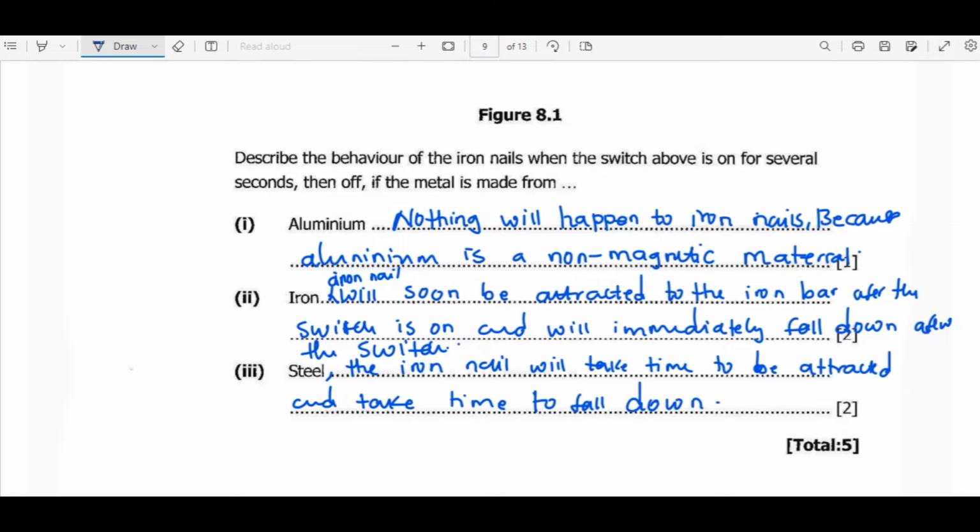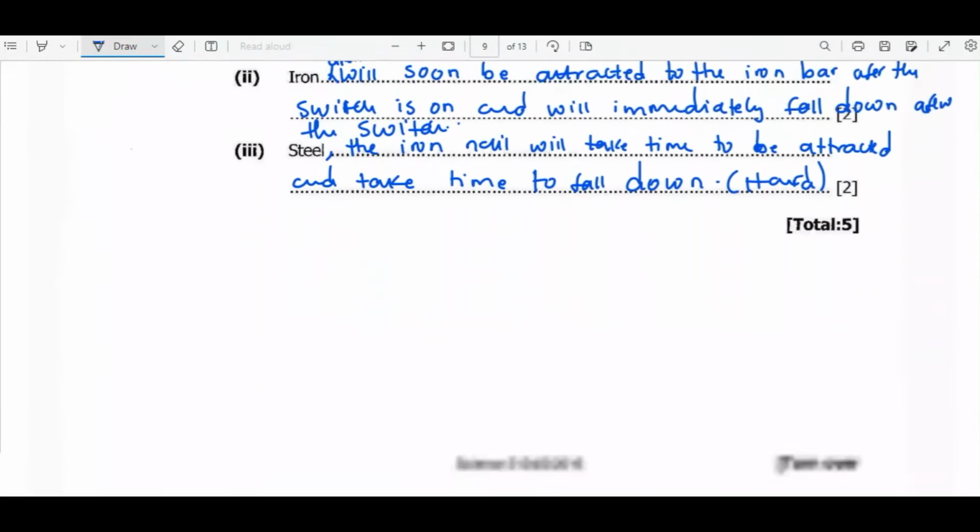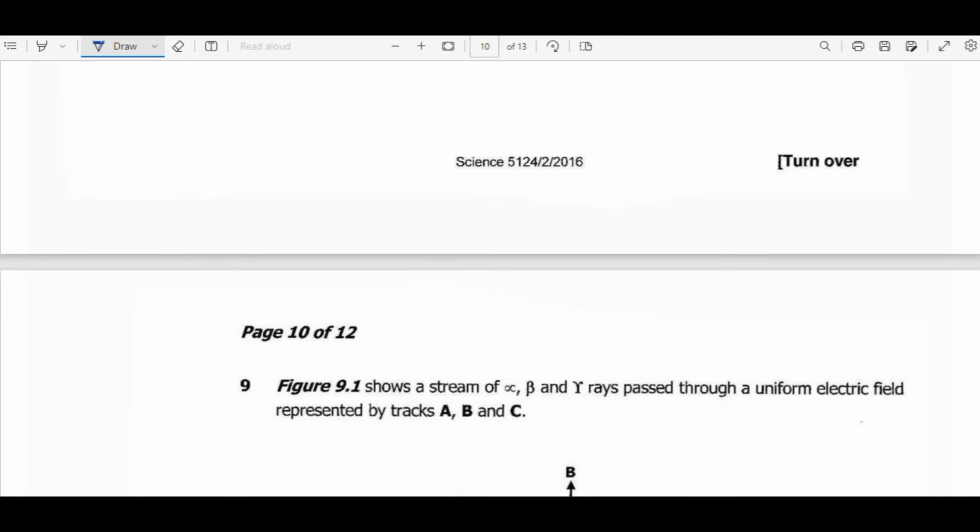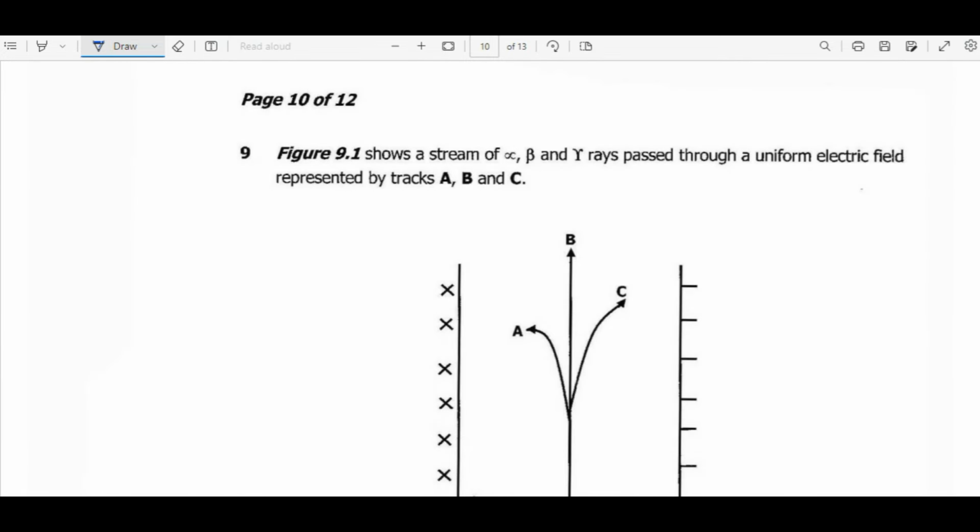So that's what we are expecting. The reason is because steel is a hard magnetic material. What it means by hard is it's hard to magnetize and hard to demagnetize. Sometimes you can also find in textbooks that steel forms the permanent magnet. So sometimes we may have those iron nails remain stuck. Then we move on to the last question.